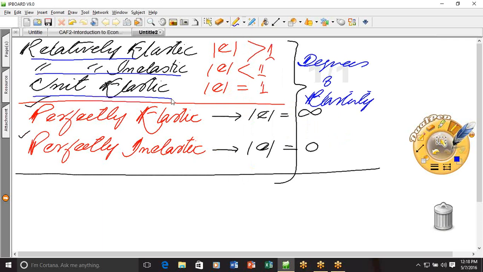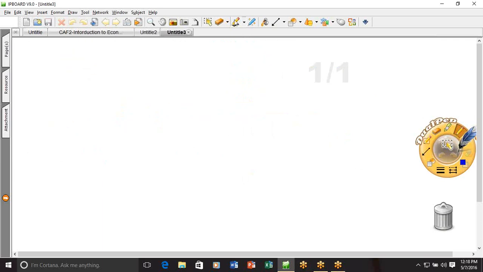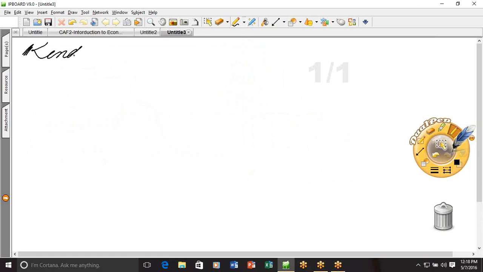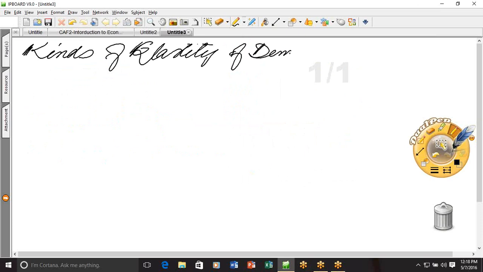So we have to proceed with elasticity of demand and its kinds.